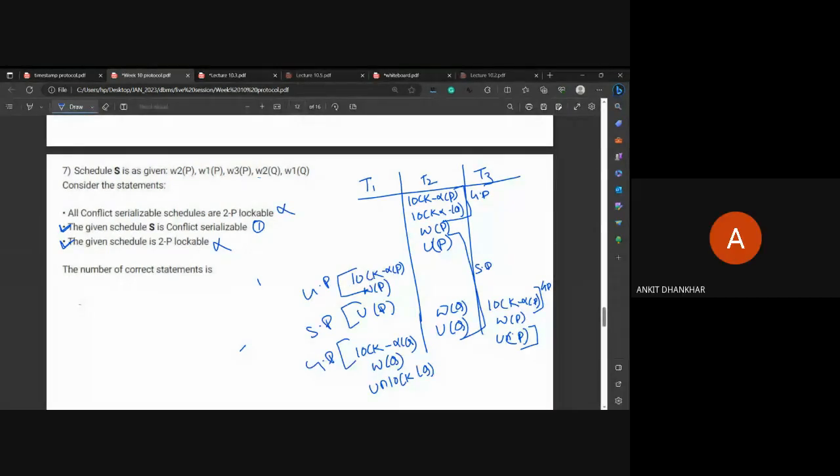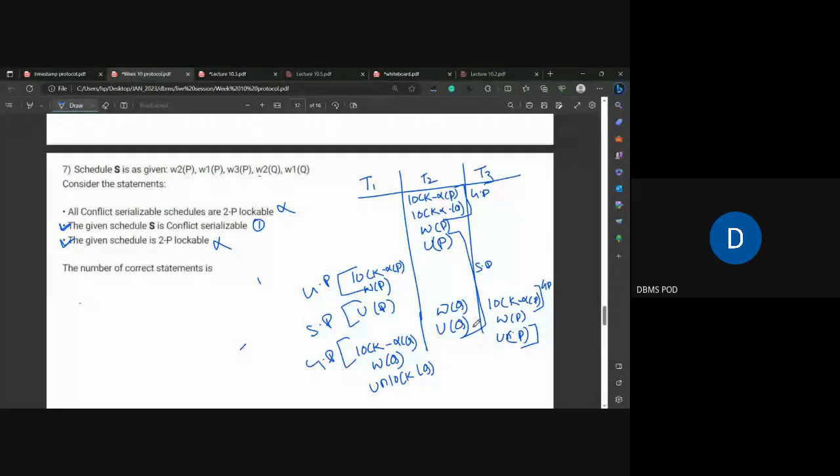So one thing in T2, you're locking Q ahead of time. We can also lock Q just before we are writing to Q. But then it will not follow the two-phase locking protocol for transaction T2, right?